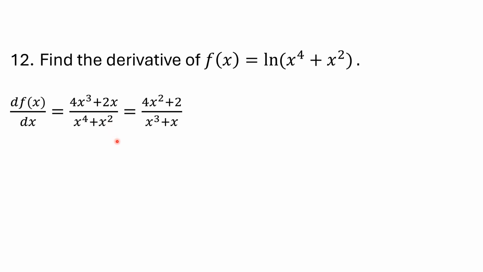But we also then have to put in the numerator the derivative of what's inside. And the derivative of x to the fourth is 4x cubed. The derivative of x squared is 2x. This one, it's just obvious that we can factor x out and cancel. So it's 4x squared plus 2 over x cubed plus x.